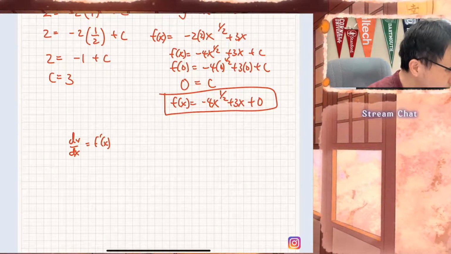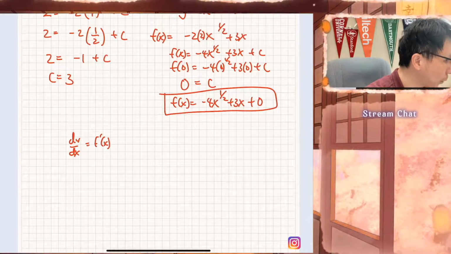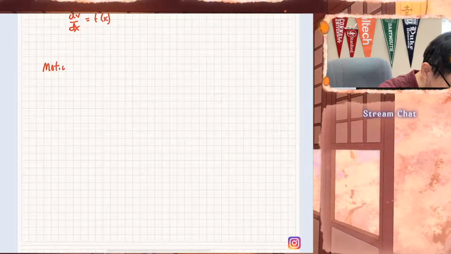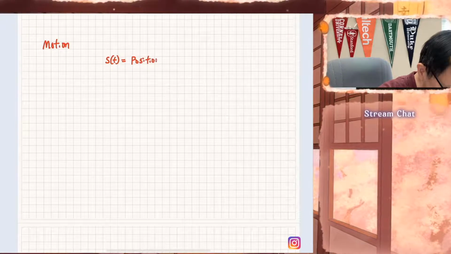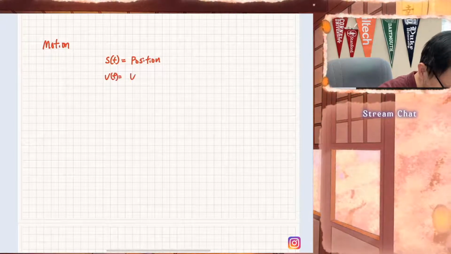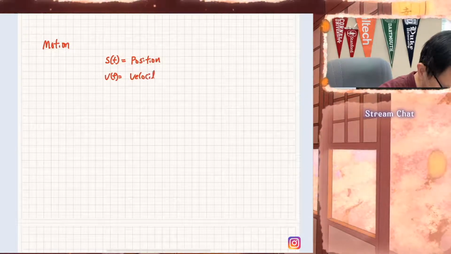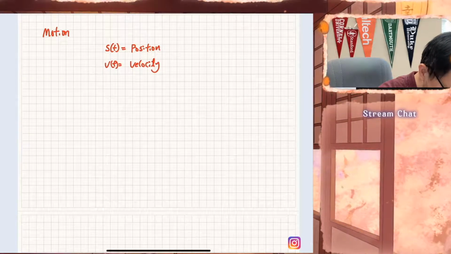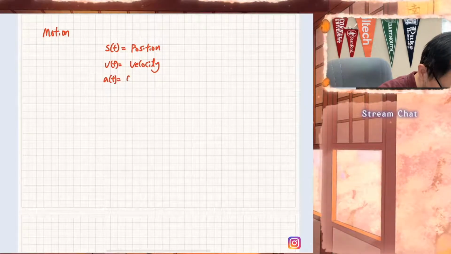So with that being said, we want to talk about motions, and there are some types of motion you have to worry about for today's homework. So with motions, understand that s of t is the position, and v of t is the velocity, because that's the rate of position change, and a of t is equal to acceleration.